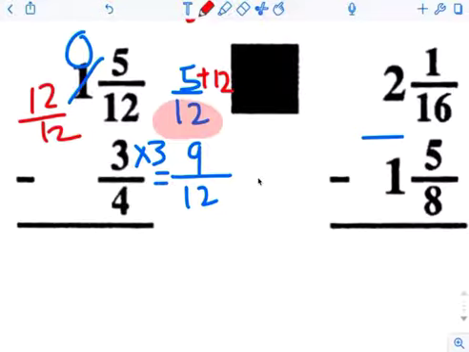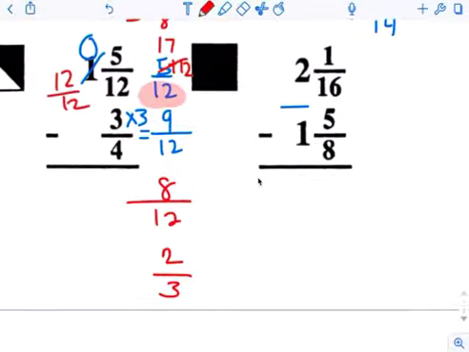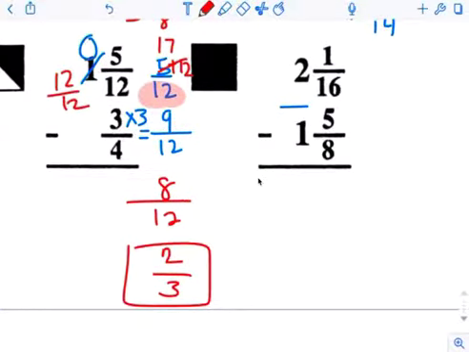You get 17. 17 minus 9 is 8 over 12. Reduce that to 2 over 3 by dividing by 4. And then you get a 0. And that's your answer here.